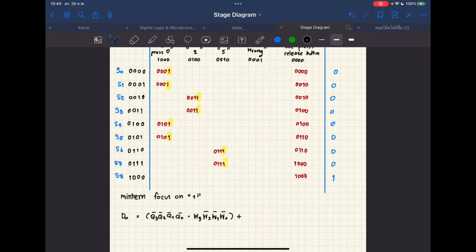And then, because we write in minterm, the next one is this one.